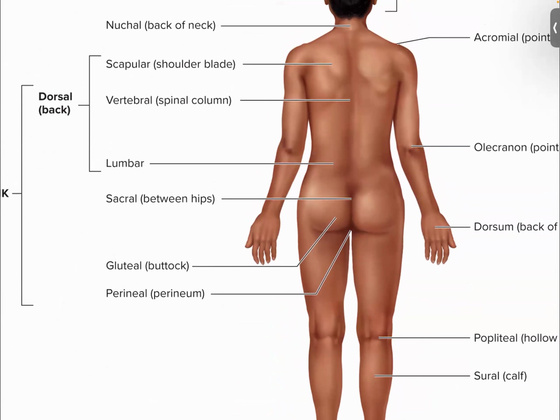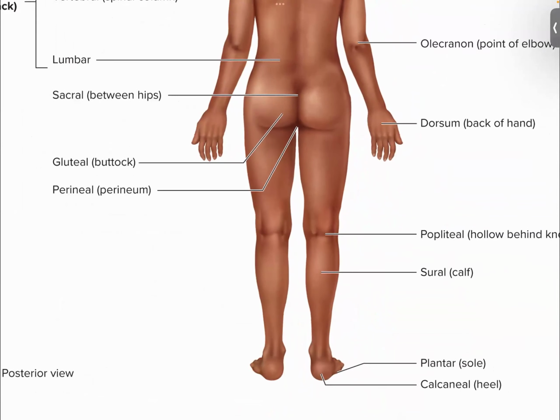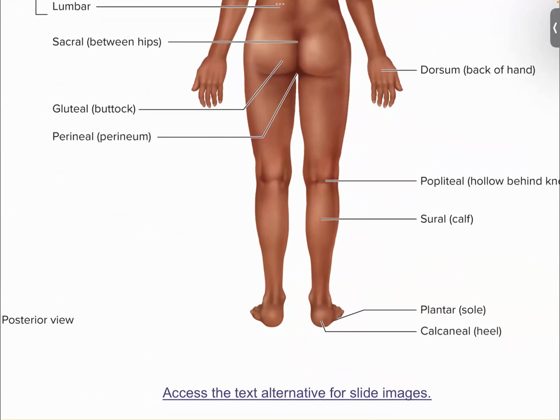So these are all regions of the neck, trunk, and lower back. As you start to get to the back of the leg, you get to the popliteal, which is the back of the knee. Patellar is the front of the knee. Popliteal is the back of the knee. Crural is the front of the leg. That's the tibia. The back, where the gastrocnemius is, is the sural, or the calf region.